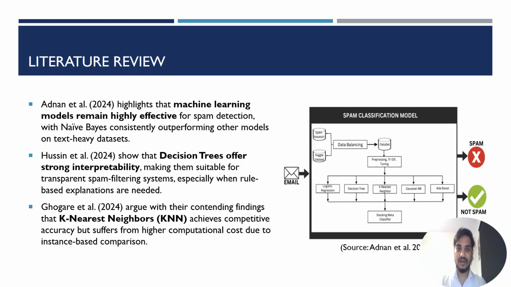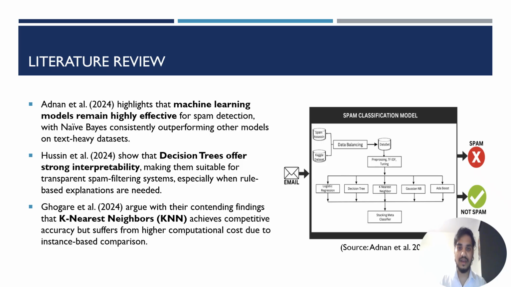Recent research continues to emphasize the importance of machine learning in effective spam detection, where Adnan highlights that machine learning algorithms remain highly reliable, with Naive Bayes frequently outperforming others on large text-heavy email datasets, and Hussein further demonstrates that decision trees provide strong interpretability, making them highly suitable for transparent and explainable spam filtering systems.